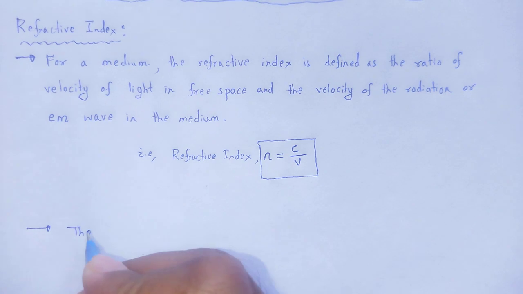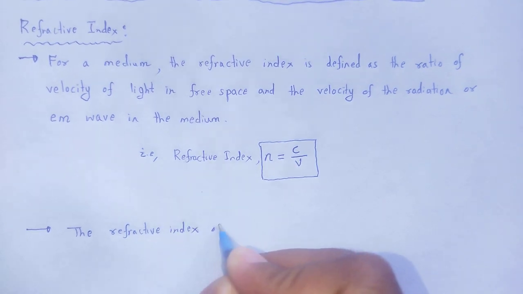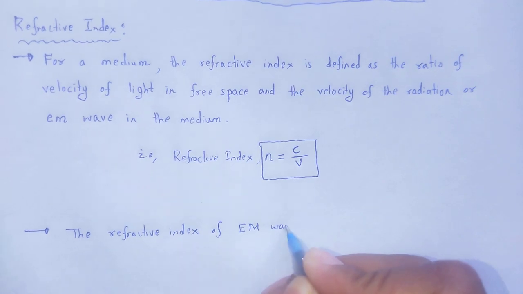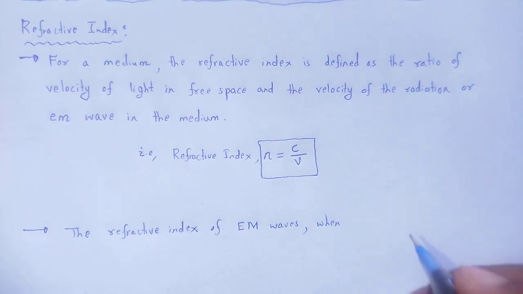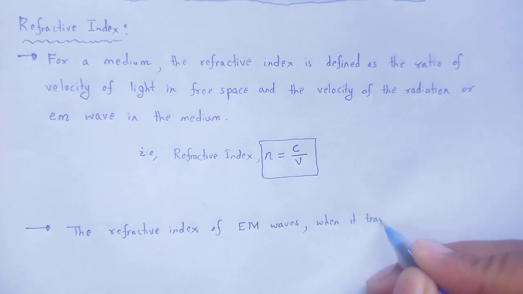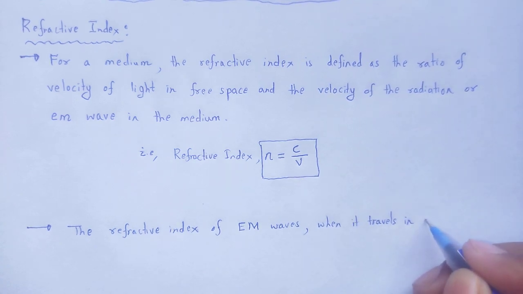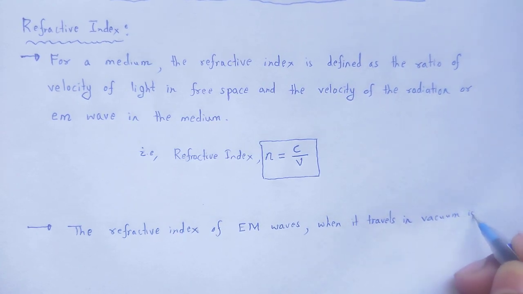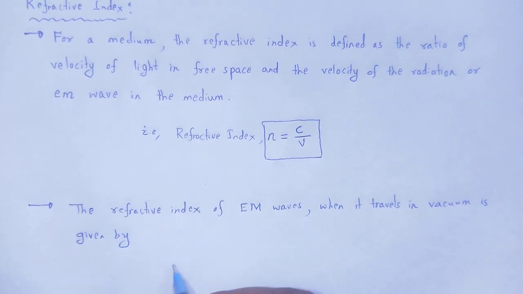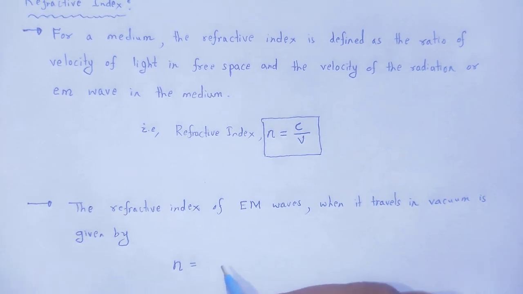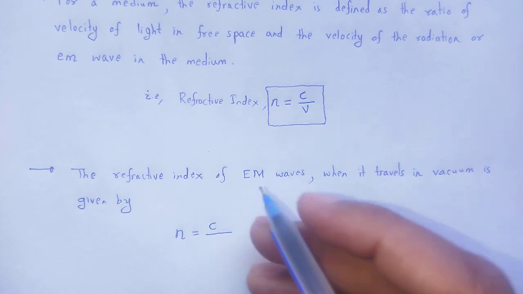The refractive index of electromagnetic waves when they travel in vacuum is given by n is equal to c divided by v.